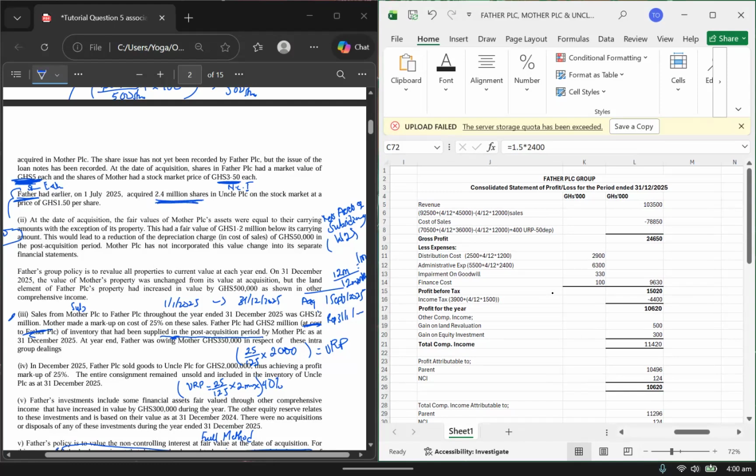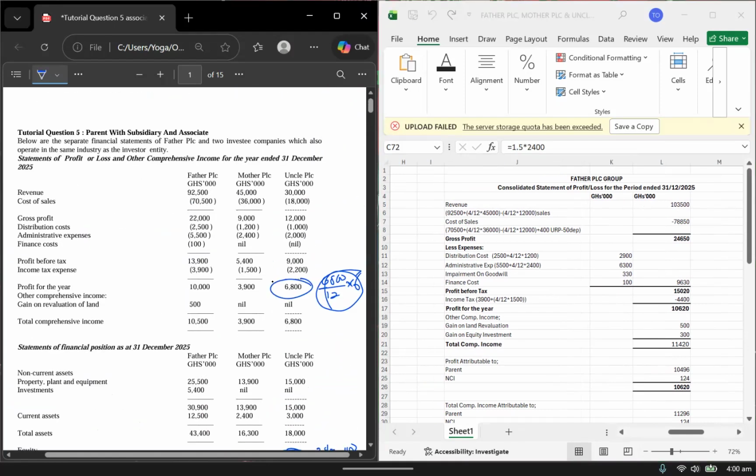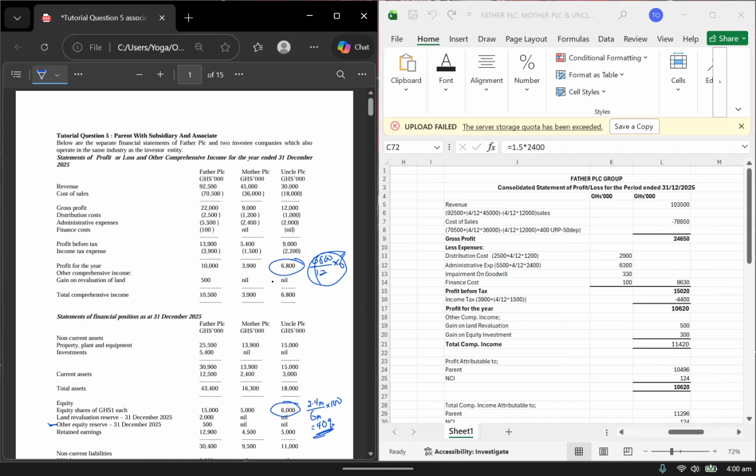So quickly, we have revenue here. Revenue 92,500, and then the subsidiary's own is 45,000.